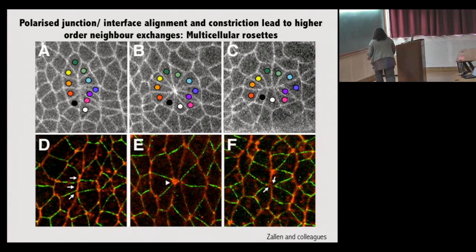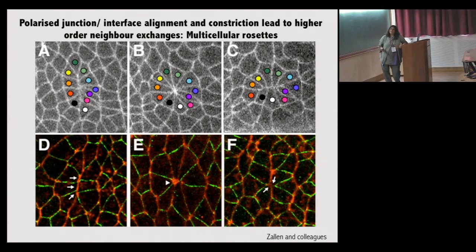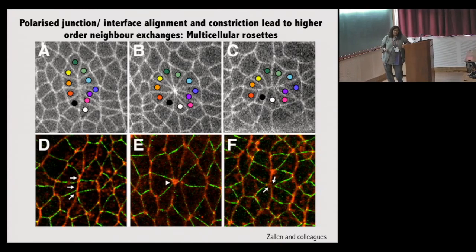And so a question that arises is whether these distributions are of consequence for transforming the junction morphologies along the lines that you see here.